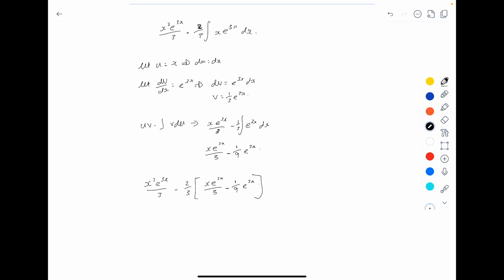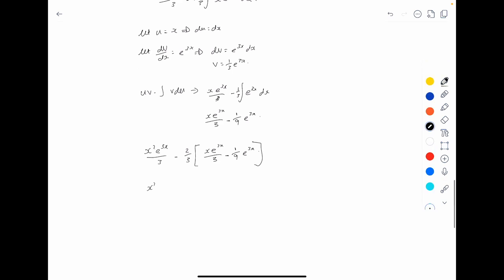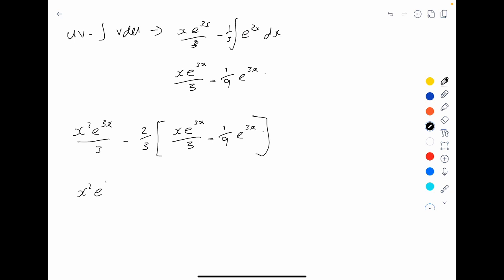And so we get x squared e to the 3x over 3 minus 2 e to the 3x times x over 9 minus 2e to the 3x over 27. So that should be plus, actually, and then plus c on the end.